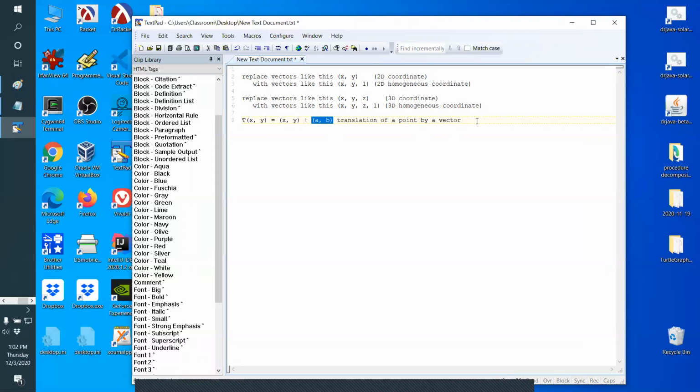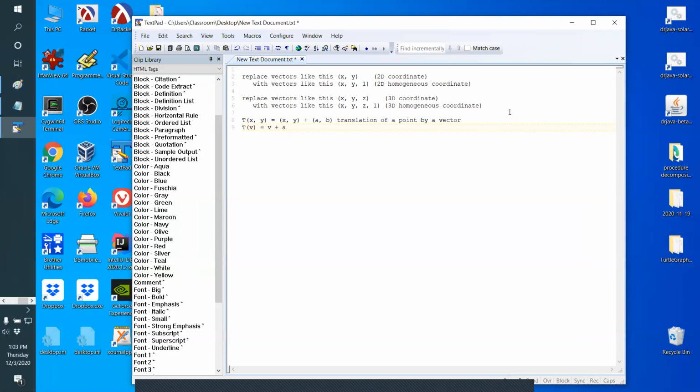If I wanted to write that more compactly, I would say translation of a vector v is v plus a vector a. Translation of v is v plus a.